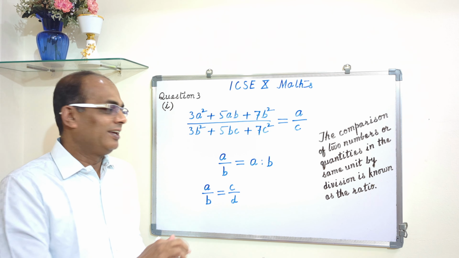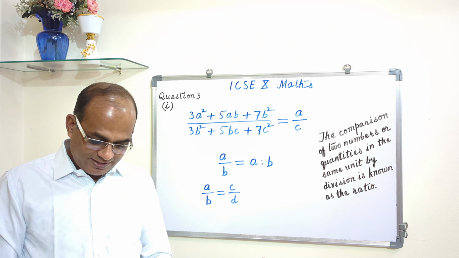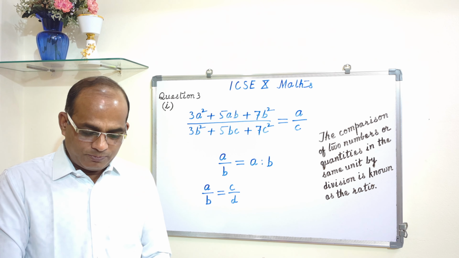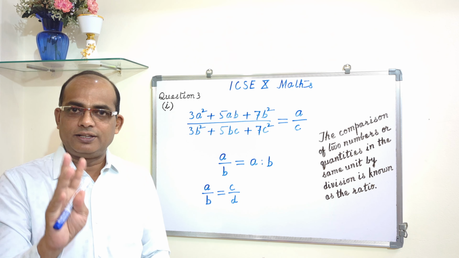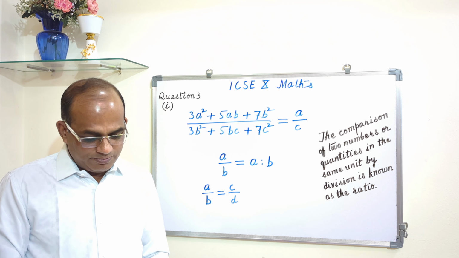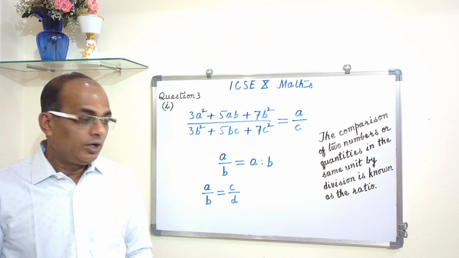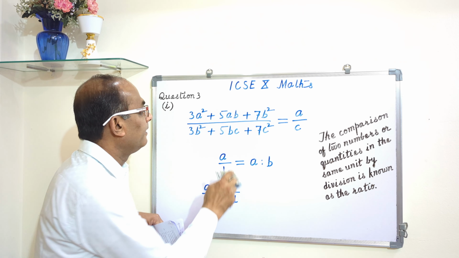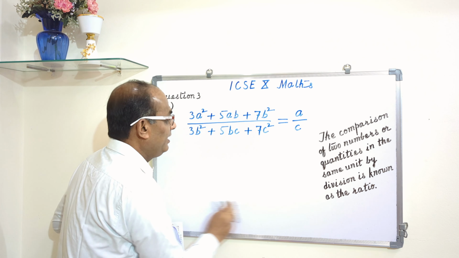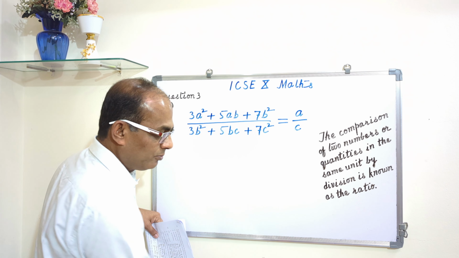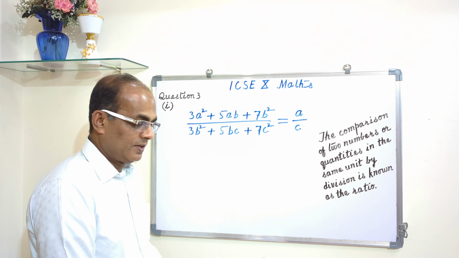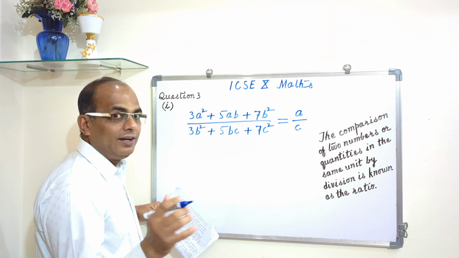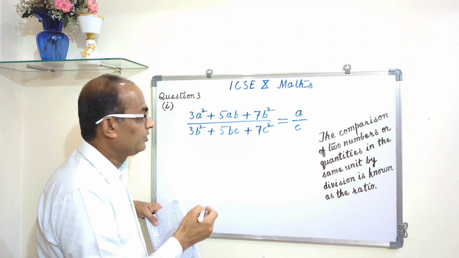Alright, in our question, the question says that the three quantities A, B and C are in continued proportion. Now let's see what happens when three quantities are in continued proportion. So if A, B and C are in continued proportion, that means, let's understand first, then we will start solving the question.